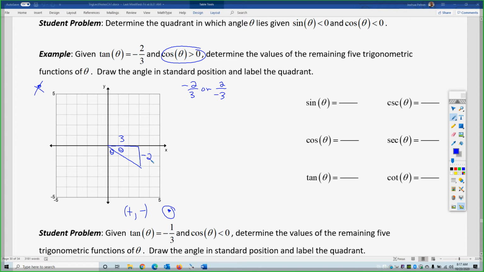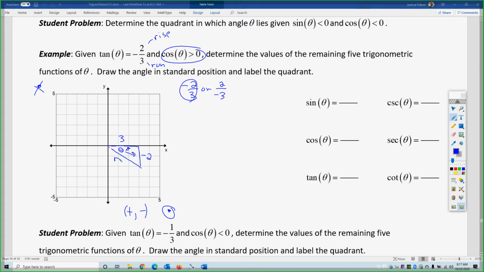So what is tangent? Tangent is opposite over adjacent, so that would work. The other way, it would not work. So that's one way I know. The other way I know is if I look at the fraction, if I think about lines, that's rise over run. So in my picture, y is negative 2, that's the rise, and 3 is the run going left and right. So that must be the appropriate way to go. So the answer must be with the negative on top to make this picture work.